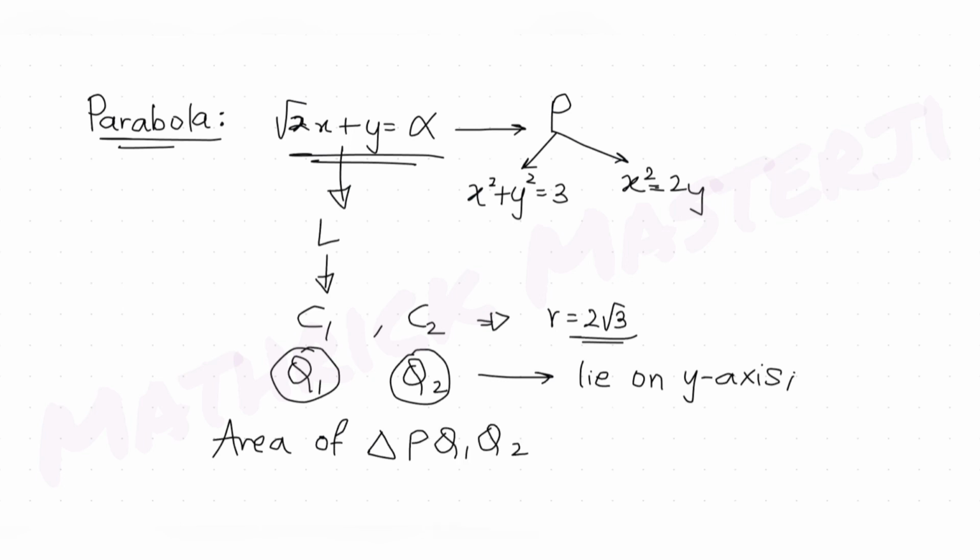So we need to figure out the Q1 and Q2 coordinates, and P, the point of intersection of these two. Once I figure out all three coordinates, I just need to find the area of the triangle squared. That's the question asked to us.